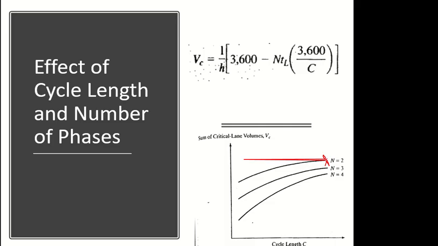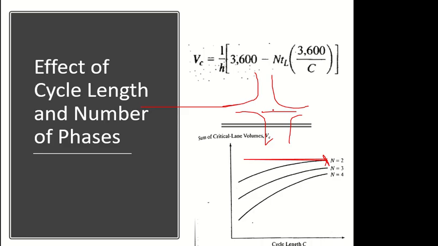And the next phase means the next movement, which is conflicting. So how many intersections will you find where there are only two conflicting movements? Maybe a three-leg intersection which has a one-way street. Otherwise, if you have a normal four-leg intersection, we have multiple conflicting movements.